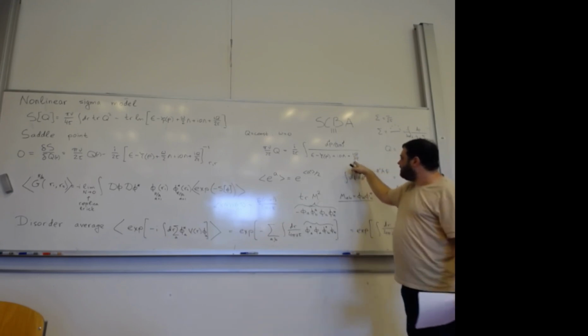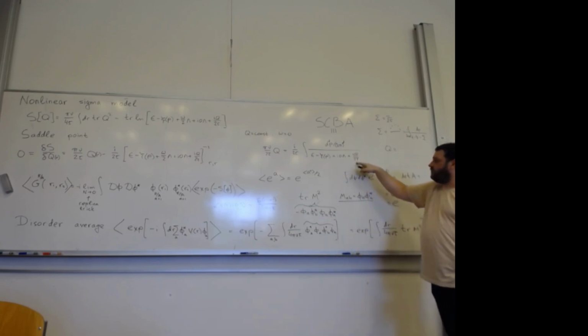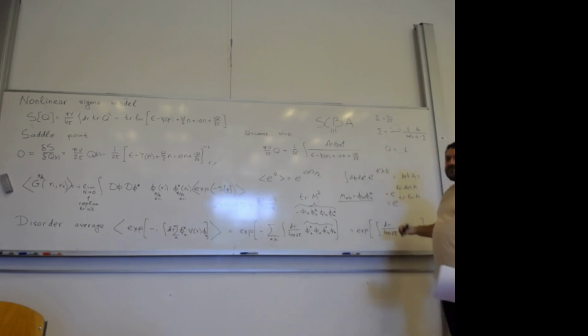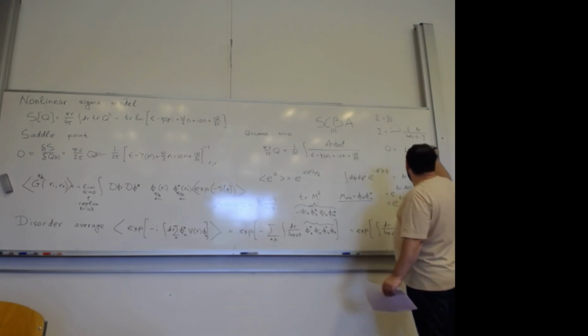And here we have additional i over 2 tau Q, so actually the solution is Q equals 1 for the retarded function, or minus 1 for the advanced function.